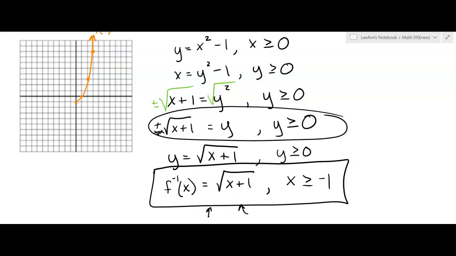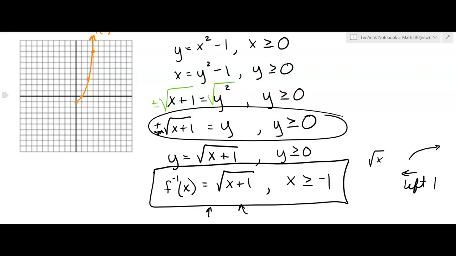square root of x plus 1. Okay, can I graph this? Well, yeah, it's going to have a horizontal shift. It's the square root curve, right? So it's looking like that, kind of. And it's going to shift horizontally 1, so to the left 1. Okay, so I can think about the normal square root curve.